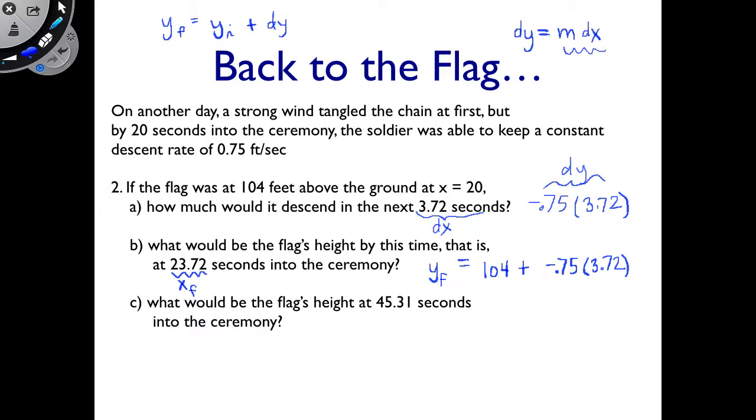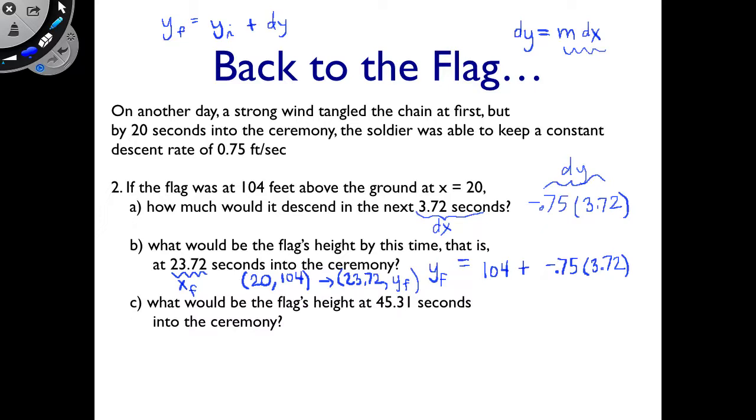So in other words, at time 20, the flag was at height 104. By time 23.72, we're trying to express the height of the flag. So how is the 23.72 built into this? We didn't write it out. Yeah. It's like the 20 is the 104, and the 3.72 is the change.